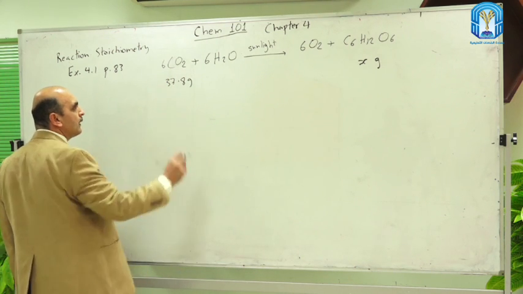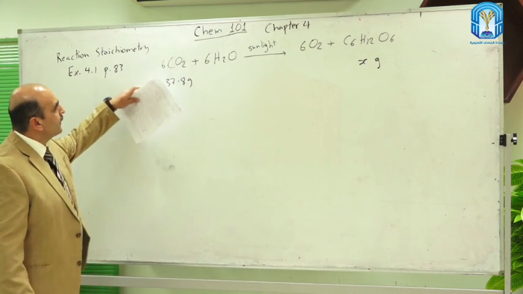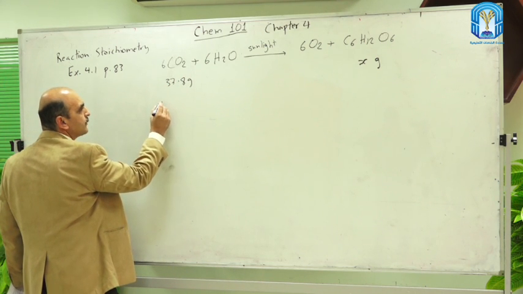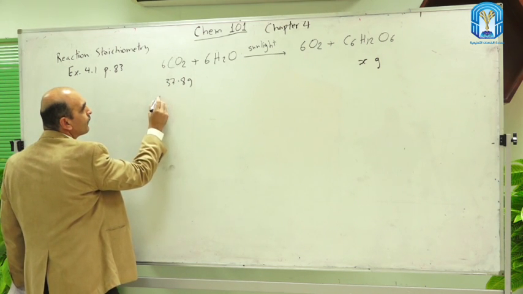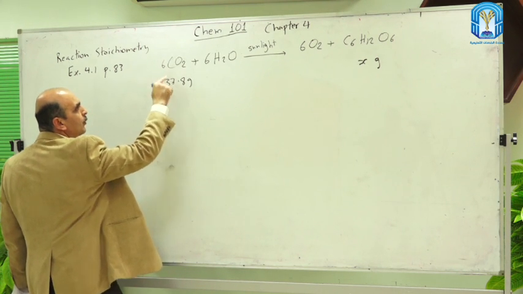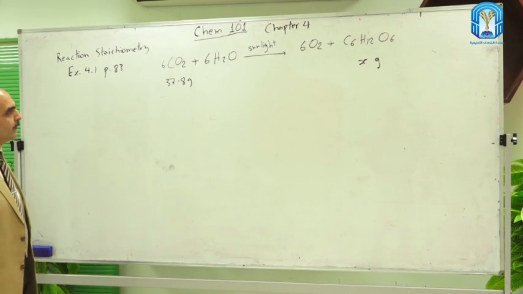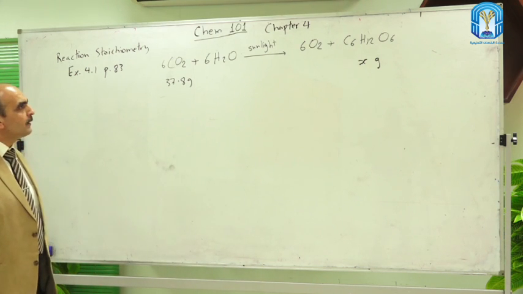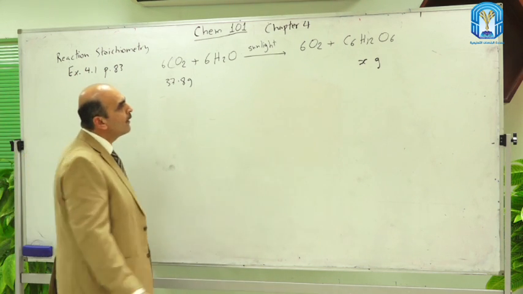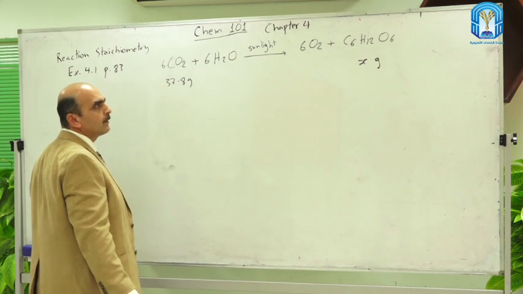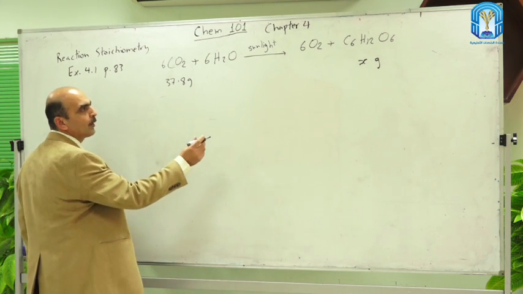So we start. The reaction is, we say here we have 6 moles of CO2. Before converting the reaction in moles, we have first to convert the grams to moles. Then after that we get the glucose in moles, then we convert the moles of glucose to grams.